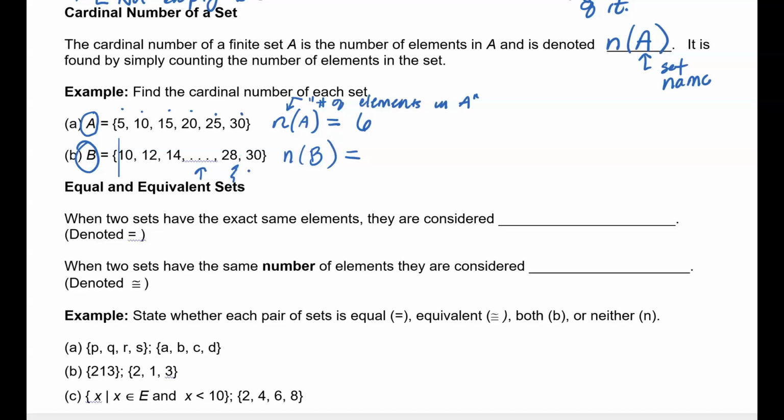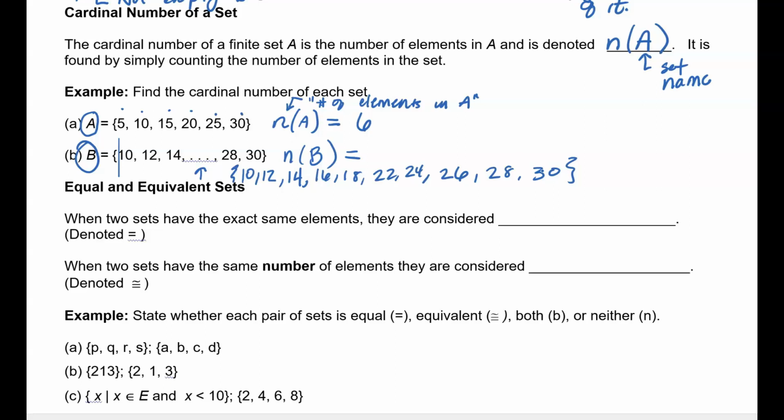So it looks like 10, 12, 14. It looks like this is a set of even numbers going up to 30, starting at 10, so I'm going to keep going. And then we've got 28 and then 30. Now we can count them all. 1, 2, 3, 4, 5, 6, 7, 8, 9, 10.